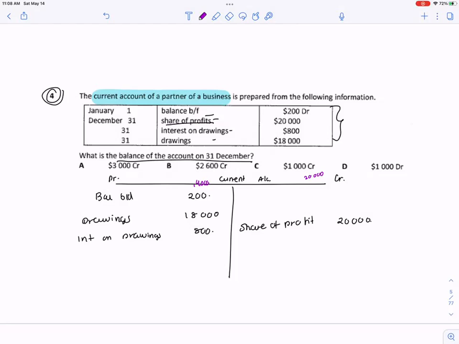Which side is more? Credit side is more.